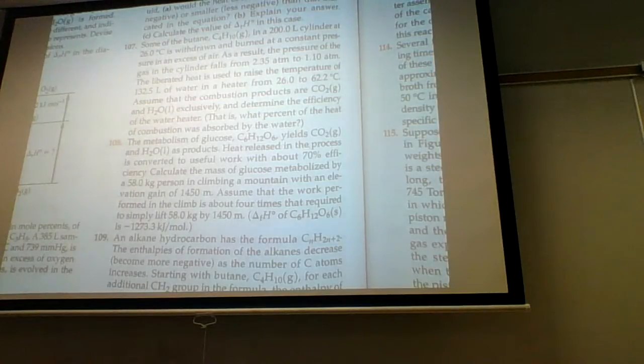Six times 285.8. Okay, and 1273.3. And we get this. I get delta H for metabolism, which is equal to delta H of combustion, minus 2802.5 kilojoules.